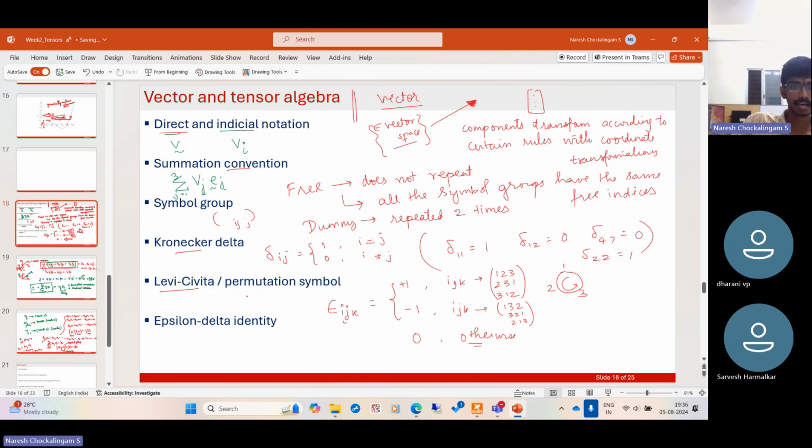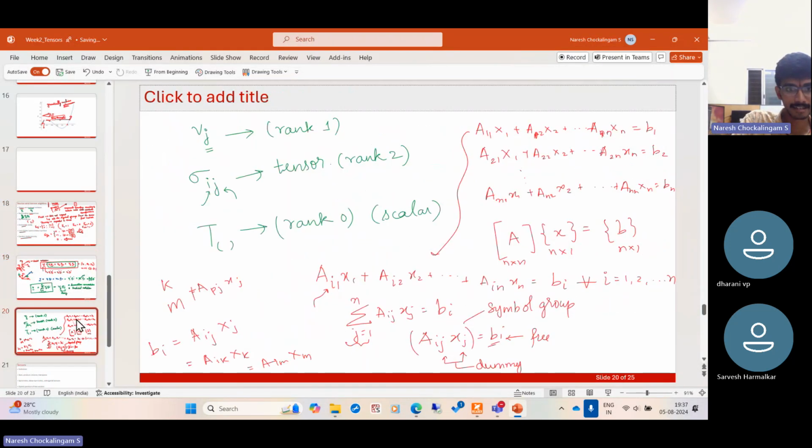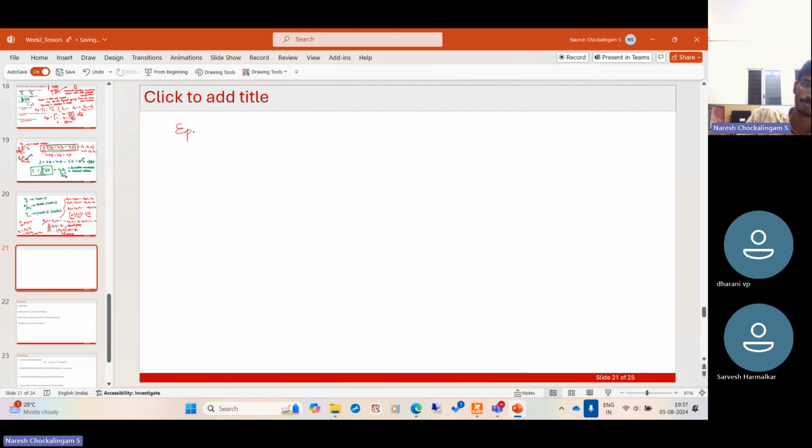Now there's a beautiful identity in continuum mechanics, a relationship between the Kronecker delta and the Levi-Civita symbol. It's useful for certain results. Let me write it down here: the epsilon delta identity.